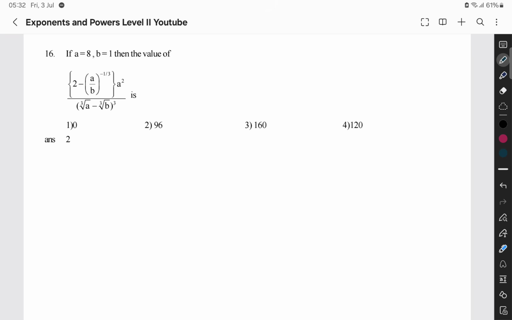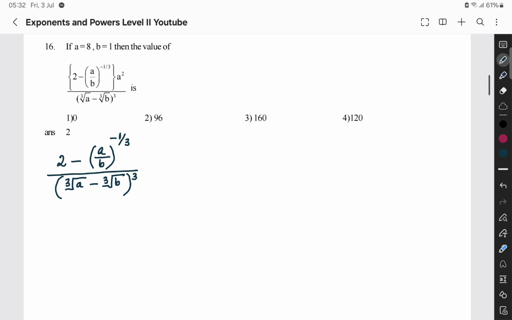Suppose if I take this 2 minus a by b whole to the power of minus 1 by 3 by cube root of a minus cube root of b whole cube is there. So we can write this as the next step. Here you have multiplication with a square.